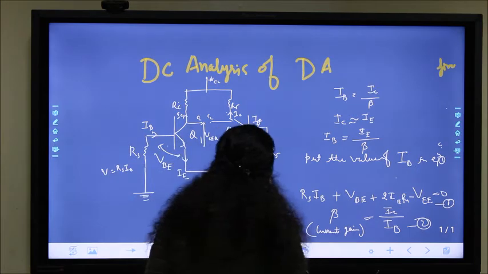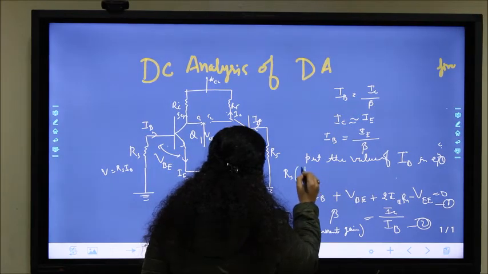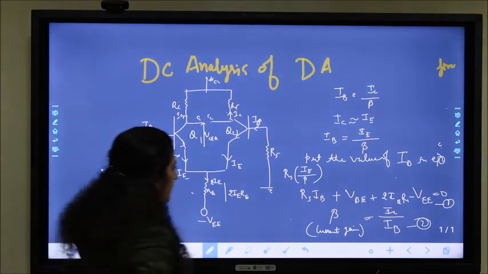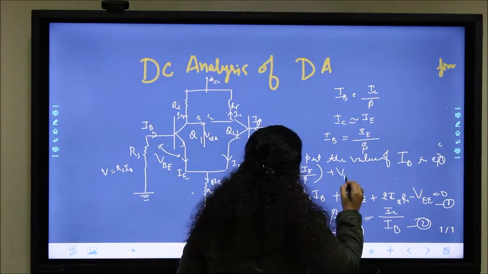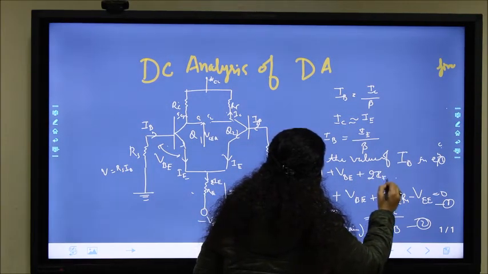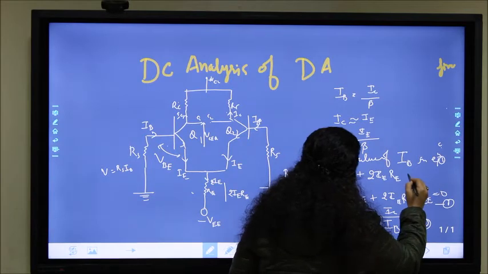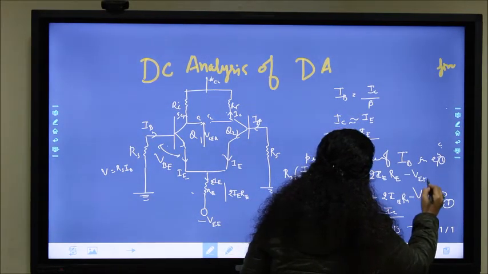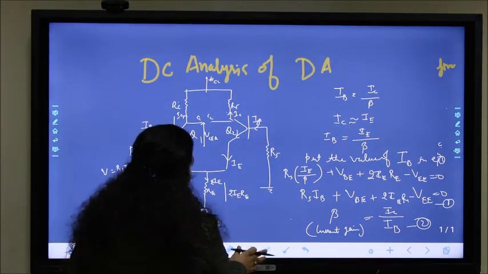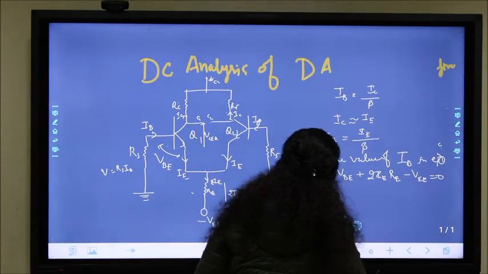What you will get is RS IE upon beta plus VBE plus 2IE RE minus VEE is equal to 0. After putting the value of the base current, we will get this equation.